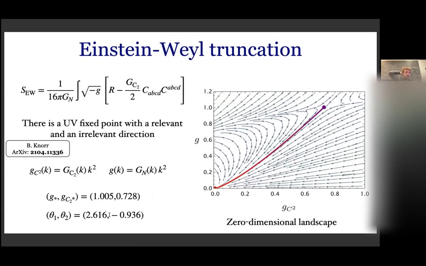It means that in principle, we are able to give a prediction on the landscape, which in this case corresponds to a zero-dimensional landscape. Meaning that if we assume our theory to be ultraviolet complete in the sense of asymptotic safety, we assume that along the RG flow, our theory will hit the ultraviolet fixed point.